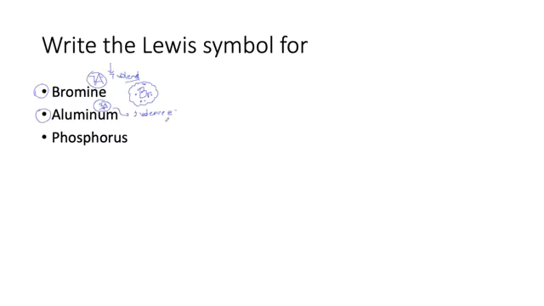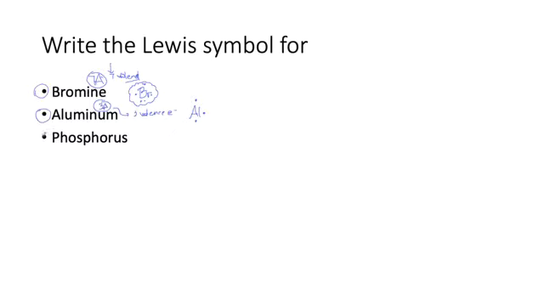So let's try it out. What is the first thing that I do? I find the atomic symbol for aluminum, which is Al, and how many electrons am I going to allocate around this aluminum? 3 of them, so we start at the top. 1, 2, and 3. That's it. That is what we call the Lewis symbol for aluminum.